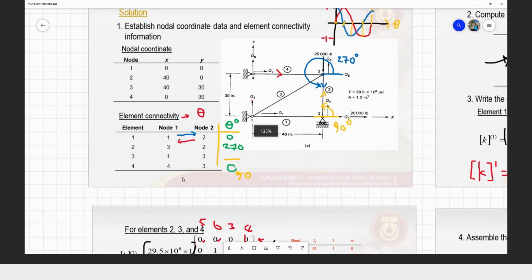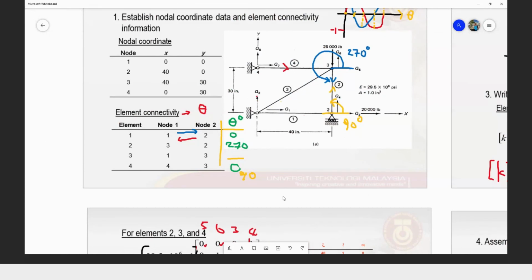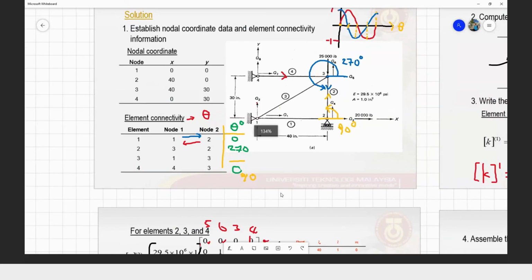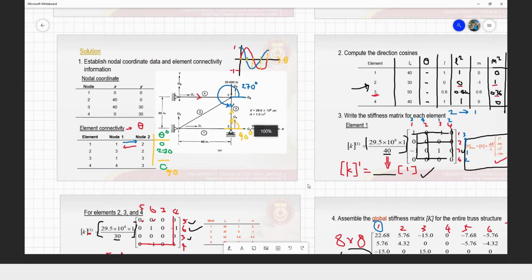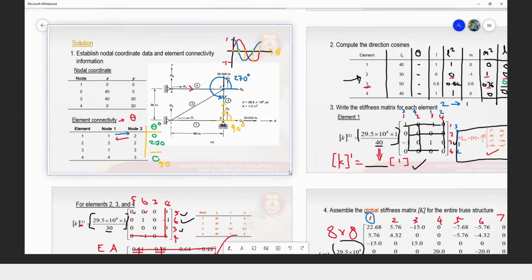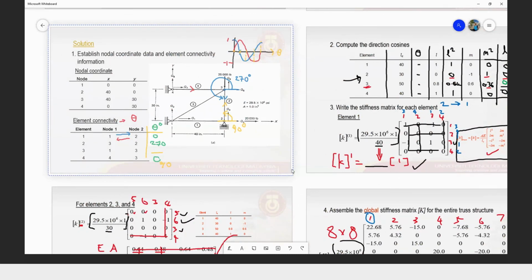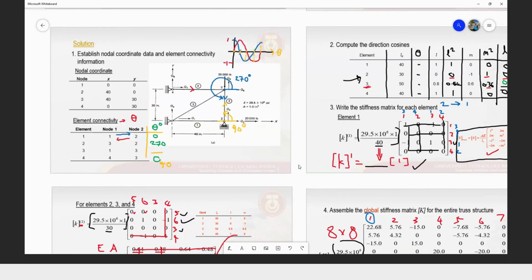And you try to build your confidence, you try repeat one by one process kan. And then dalam assignment nanti you will be given the element connectivity yang berlainan daripada yang ni, and then you have to compare dengan result yang ada dalam slide ni. Ini adalah untuk proses untuk build your confidence level lah kan.